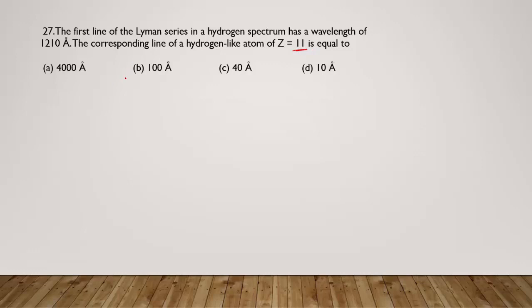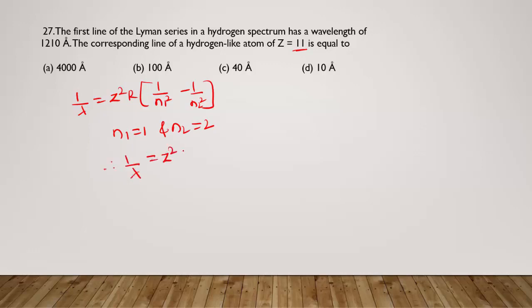By Balmer's formula, 1/lambda is equal to Z² R into (1/n1² − 1/n2²). For the first line of the Lyman series, n1 equal to 1 and n2 is equal to 2. Now I write this equation, 1/lambda is equal to Z² R into 3/4. This is for the first line of the Lyman series in hydrogen spectrum.